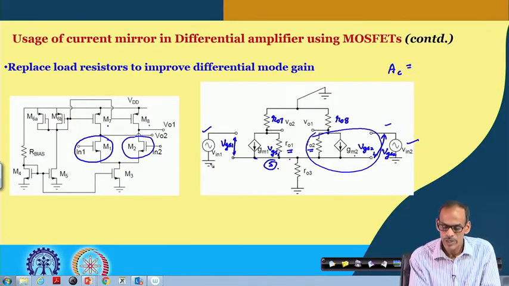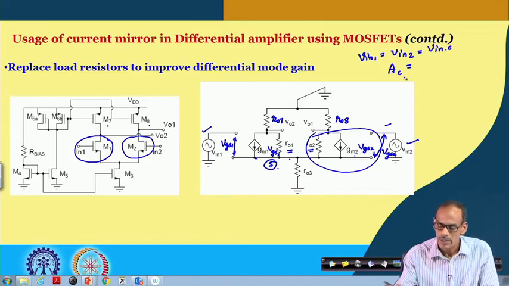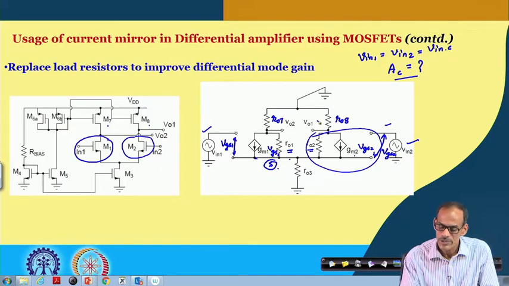To get the common mode gain, we have to make Vin1 equal to Vin2 equal to Vin common, and in that case the voltage here and here are the same.